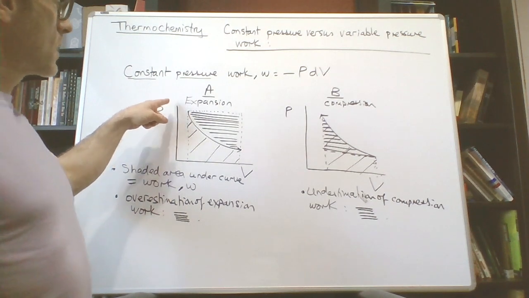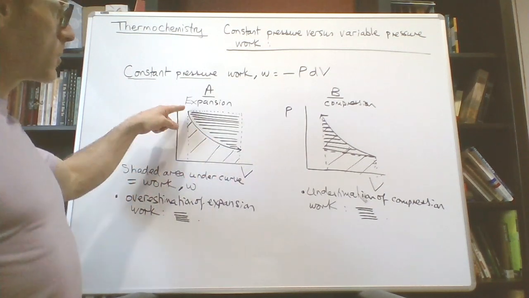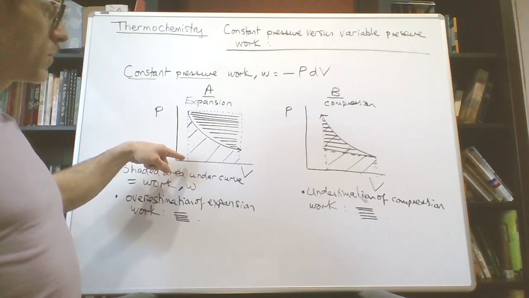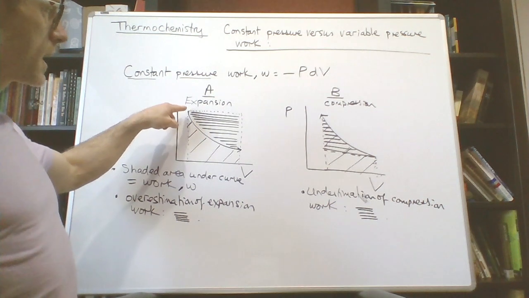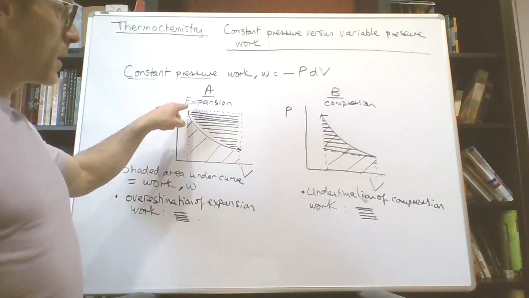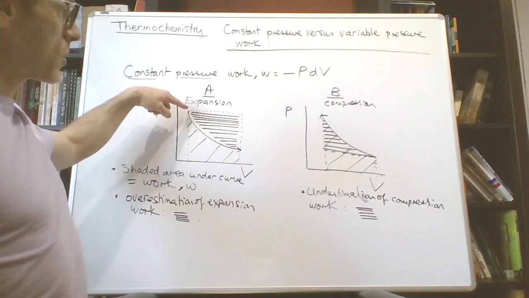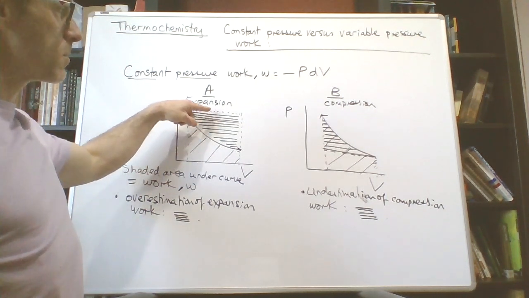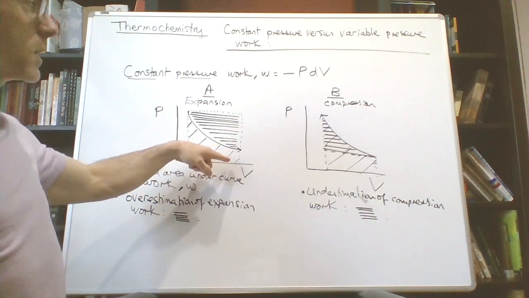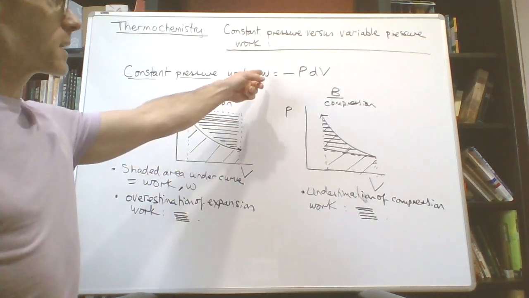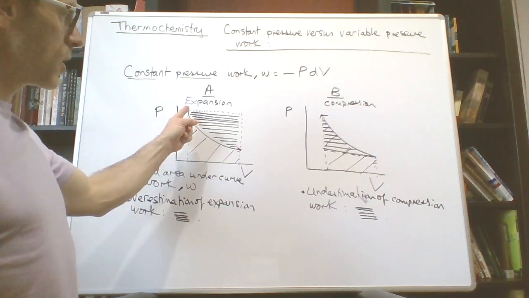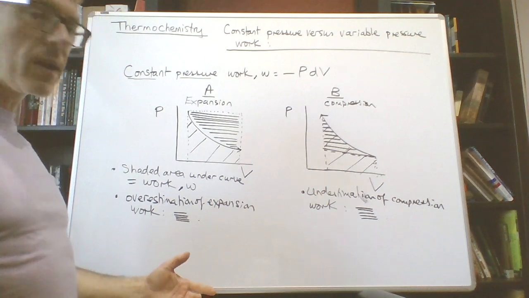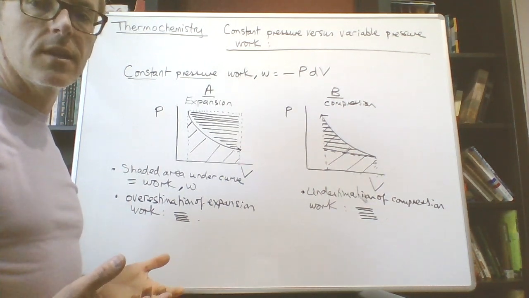So if I look at this plot of pressure against volume, and I start at a high pressure, relatively low volume, and I go that way, because I'm using the constant pressure equation, there's no way to incorporate the change in pressure, so the equation assumes a constant pressure during the volume change. So when I come to calculate the area under the curve, it overestimates by this much. So I overestimate the expansion work done, so I get a larger than actual value.